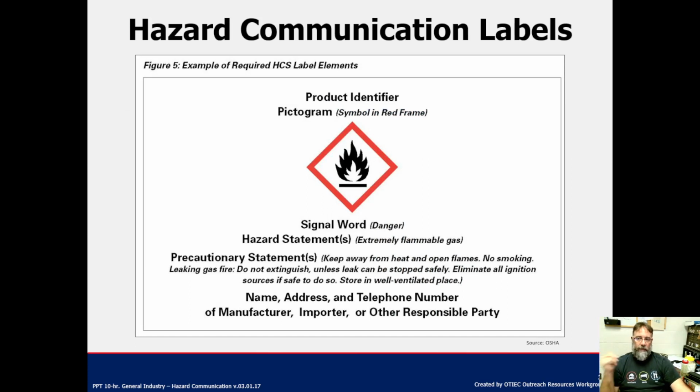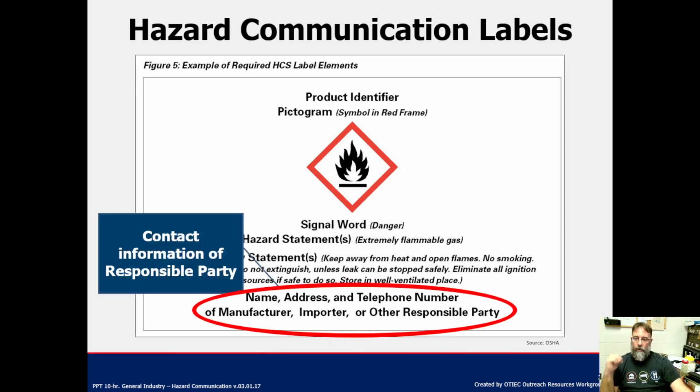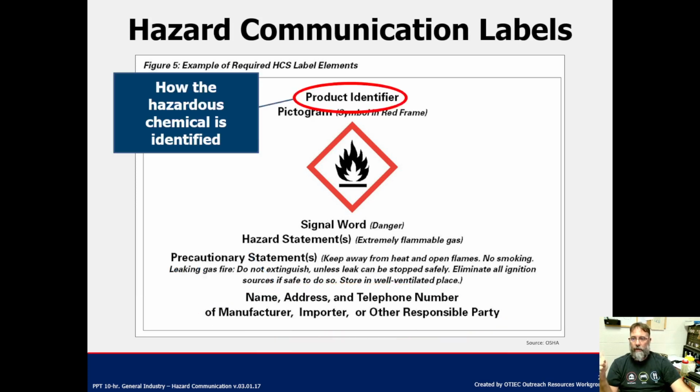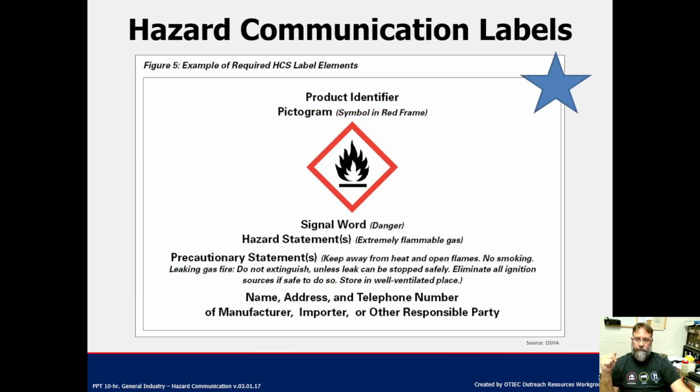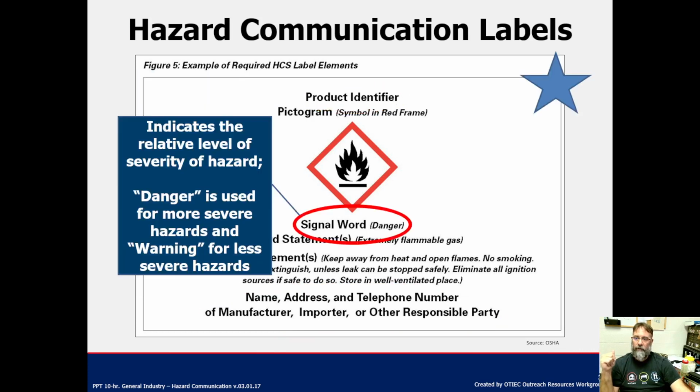So here's an example of a label. We see some different things on there. Let me hit the next button. We've got the name, the address, the contact information. We have the product identifier. How is it identified? Got a star there. Signal word. There are two and only two signal words.